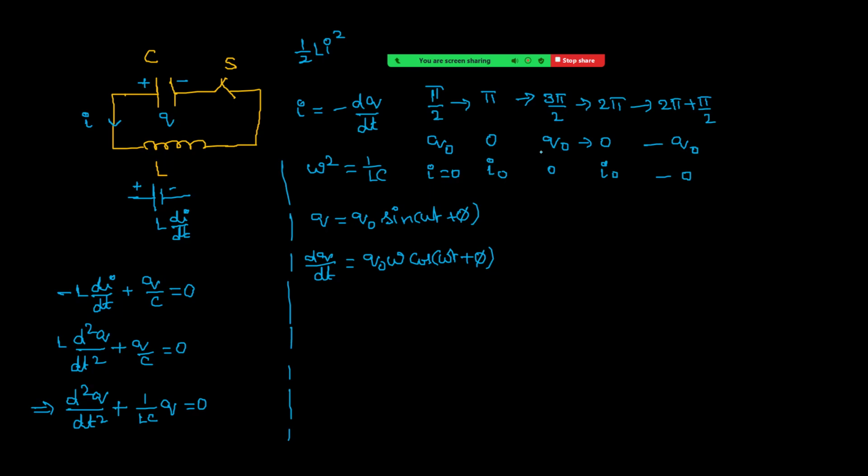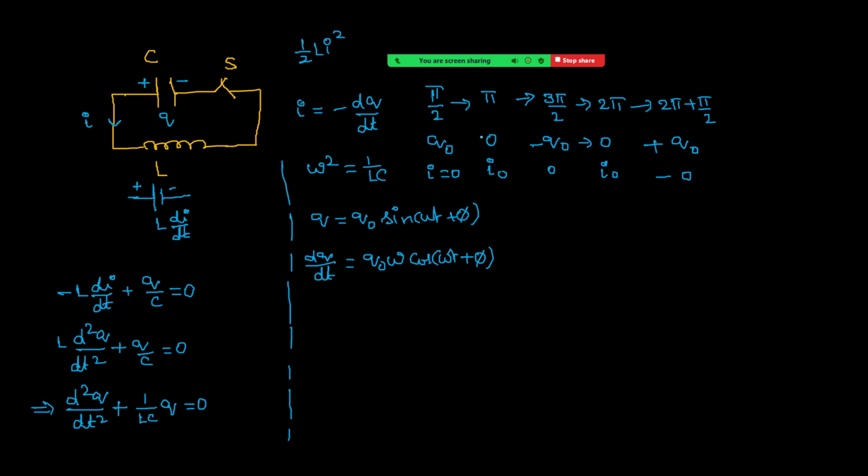Actually, you can see here, if I'm not taking the modulus value, this will be negative. That means on this cycle, if I'm taking plus Q naught, next 0, next minus Q naught, next 0, next it becomes plus Q naught. So this is now one cycle.